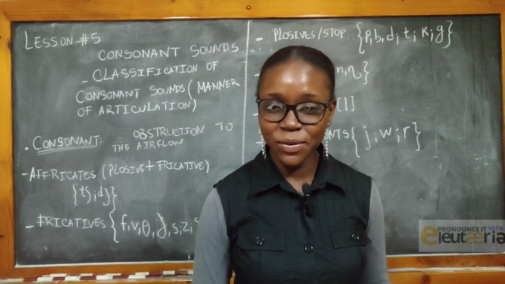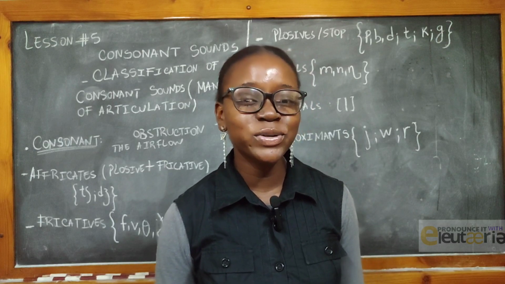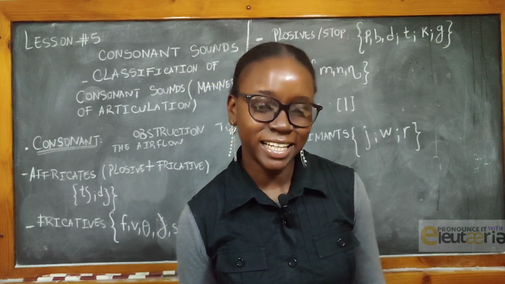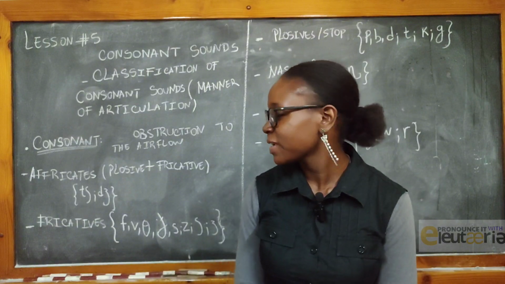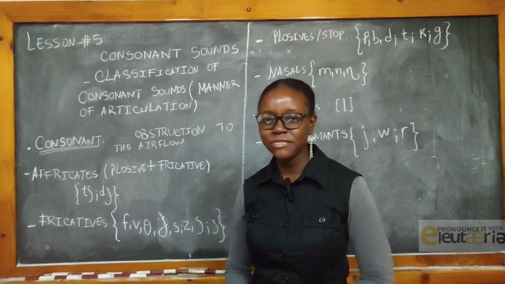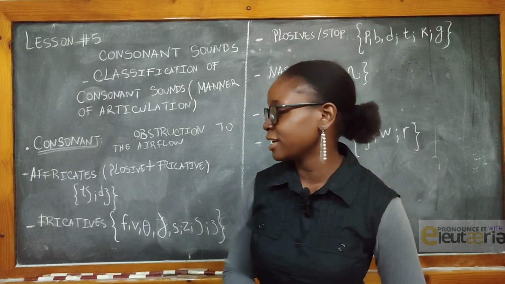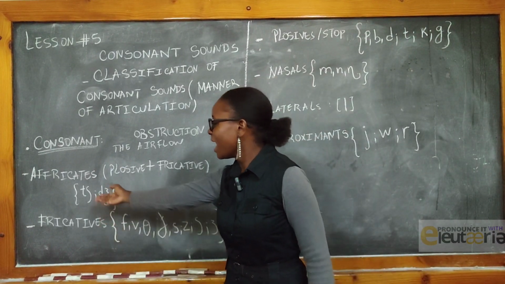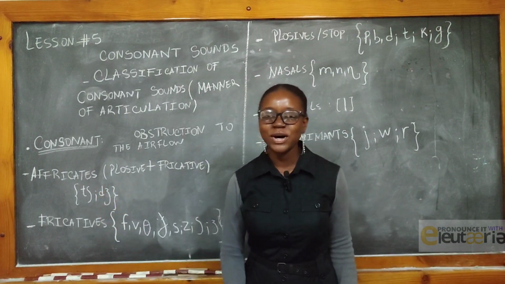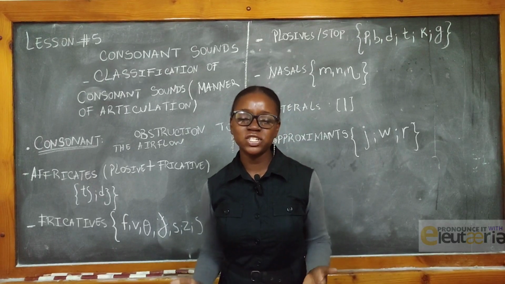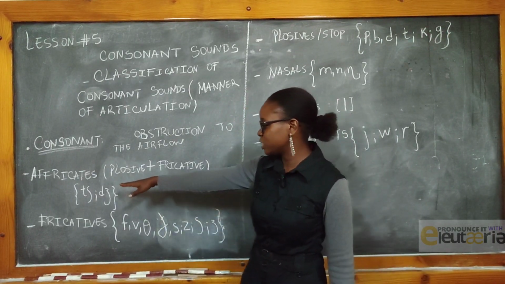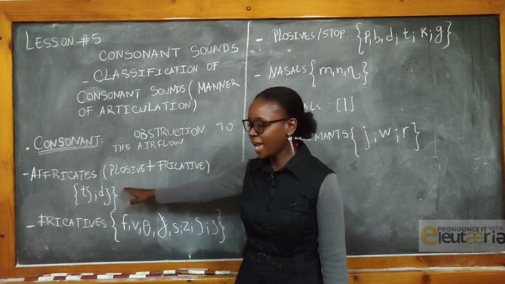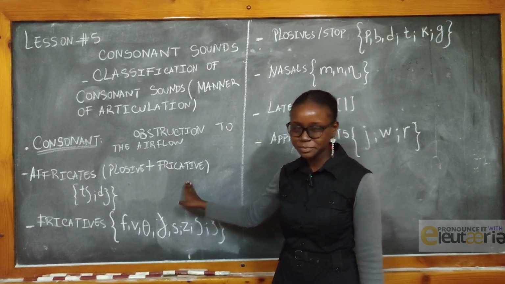Well, let's now see how we classify the consonant sounds according to the manner of production. The first thing that we find when we classify them is the affricate consonants. So what's so special about affricate consonants? They are a combination of plosive and fricative. Why?